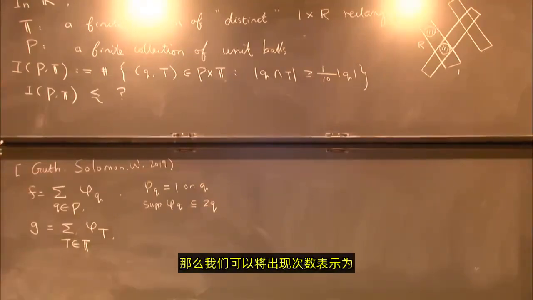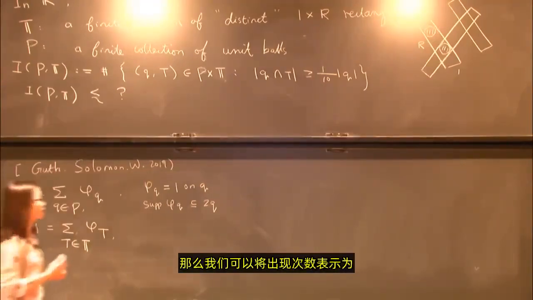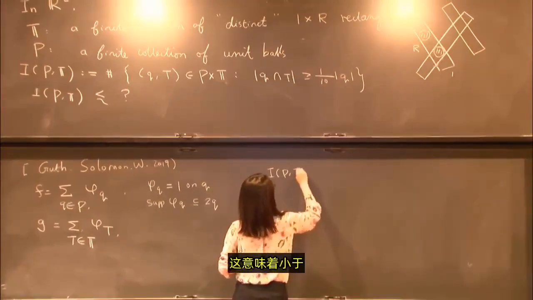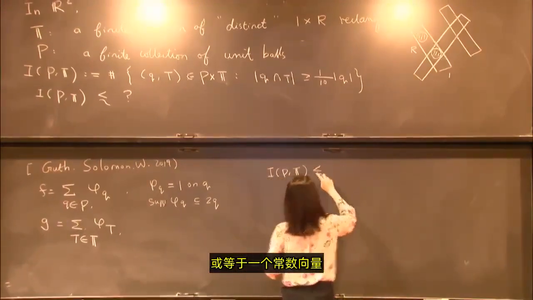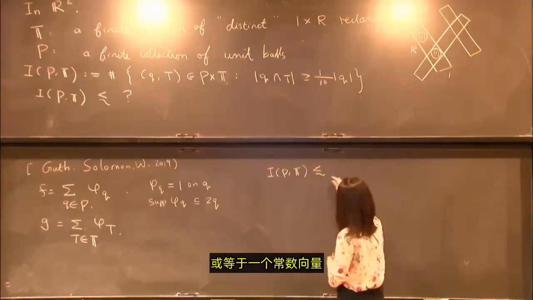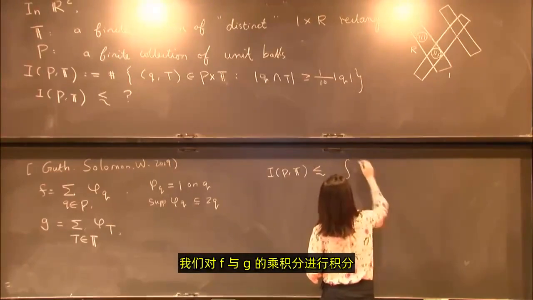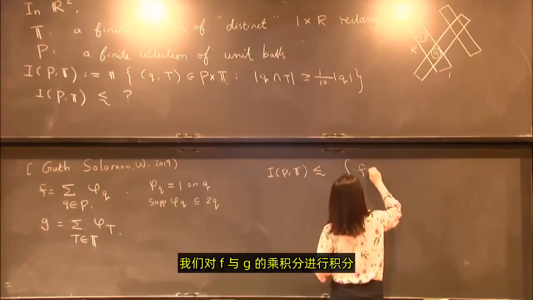Then we can rewrite the number of incidences as an integral. So this is less than or equal to a constant factor times the integral of f times g.